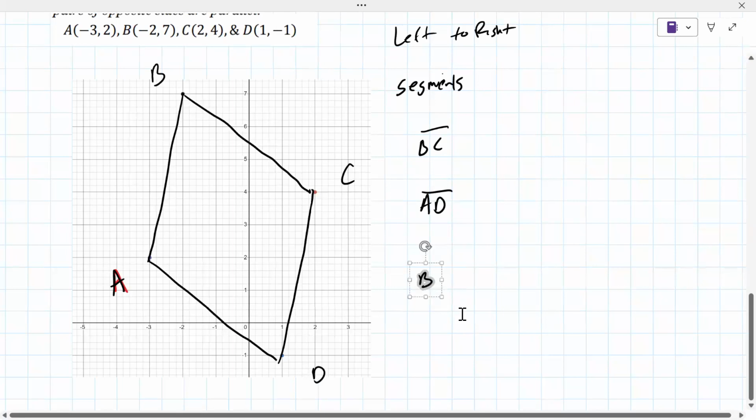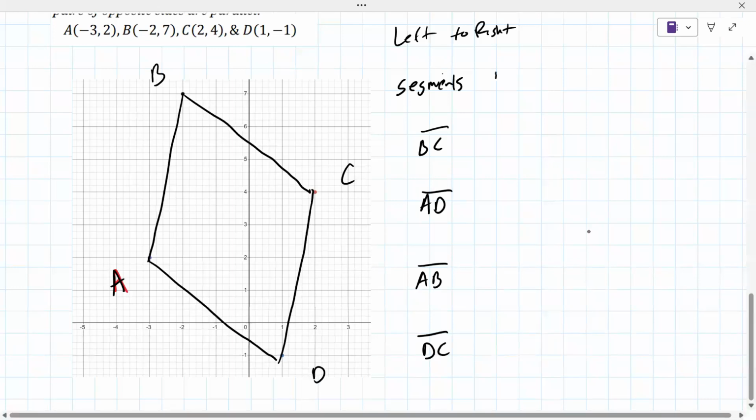Would it be A to B? Yes. And this is me being really particular because it really does help you doing the rest of this. What's the other segment that you're missing here? D to C.